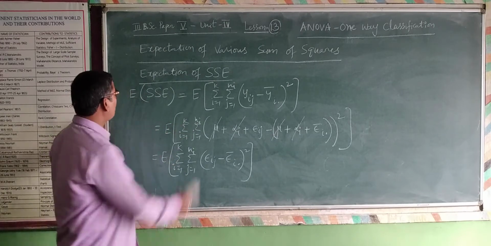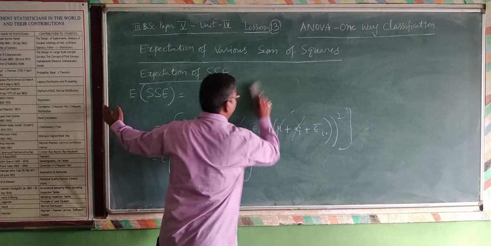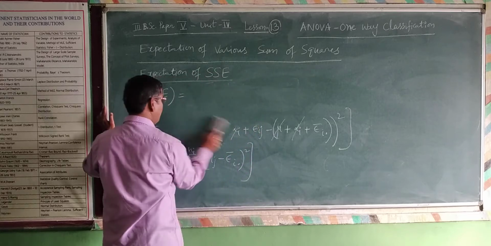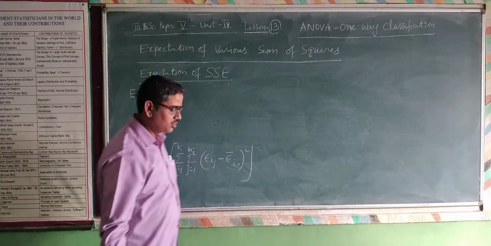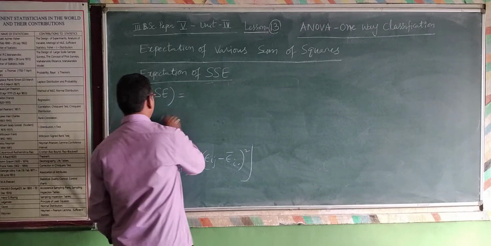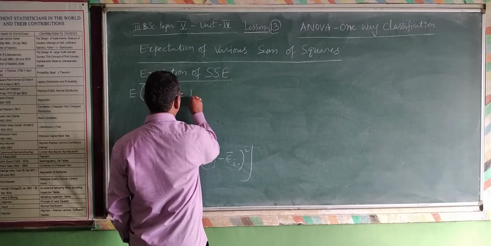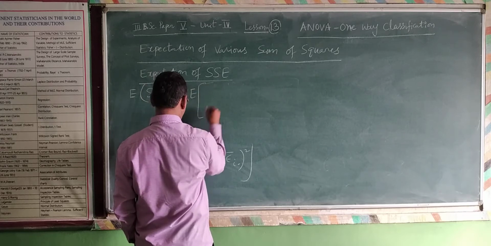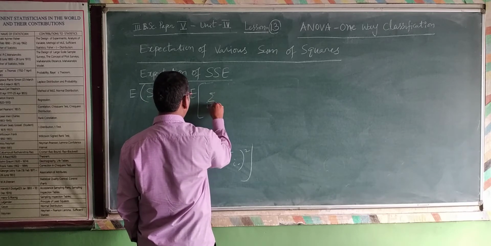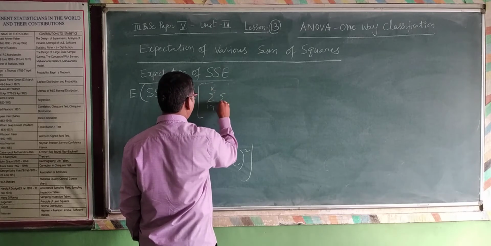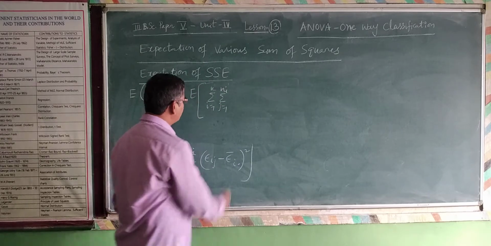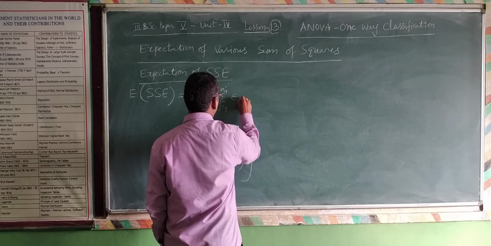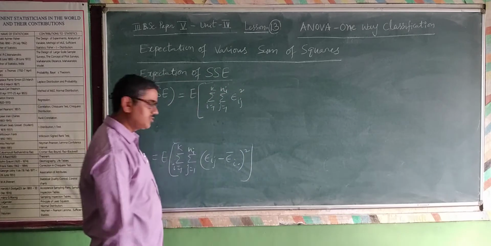Now I proceed further. I square and take the summations. What do I get? It is equivalent to expectation of summation i equal to 1 to k, summation j equal to 1 to ni, a minus b whole square: a square, epsilon ij square, is the first term.